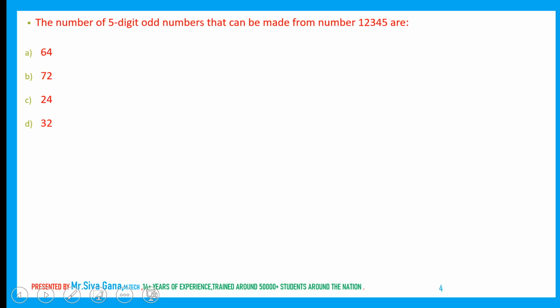The number of 5-digit odd numbers that can be made from the digits 1, 2, 3, 4, 5. So I put 5 dashes, a 5-digit number. Since it is an odd number, we can use 1, 2, 3. So to fill this place, we have 3 options. Now I have a confusion whether the digits are repeated or not.